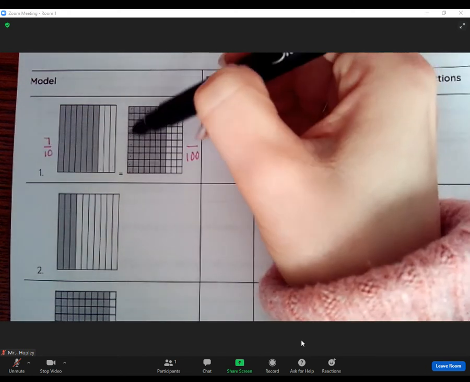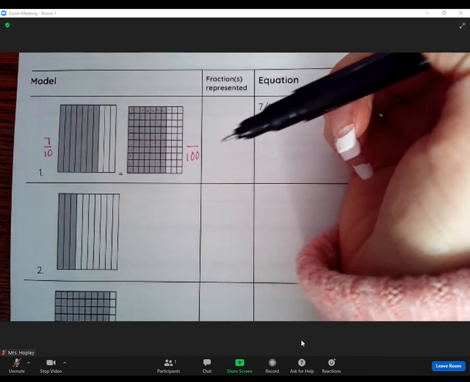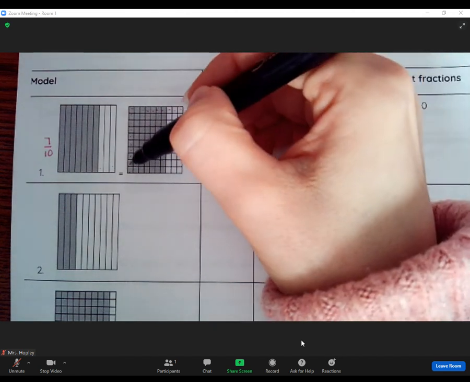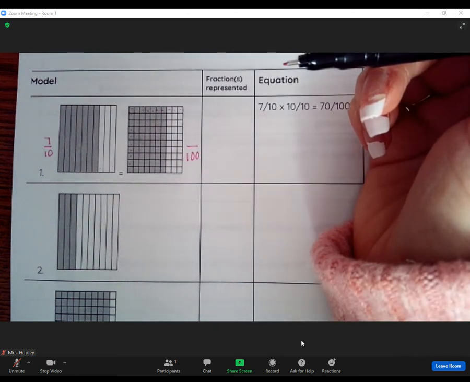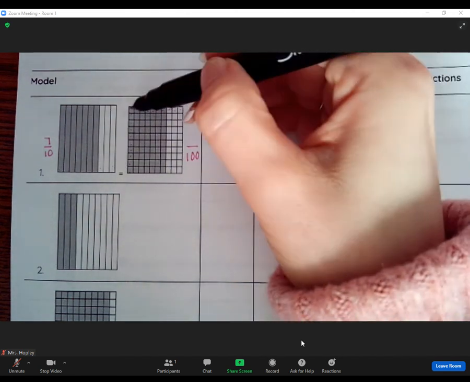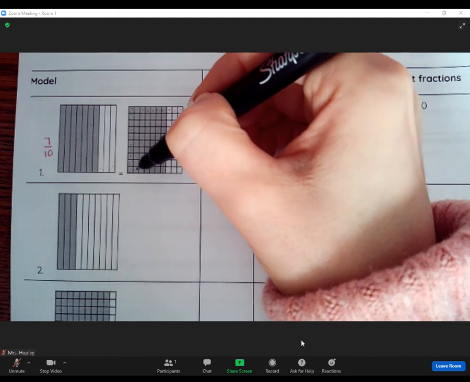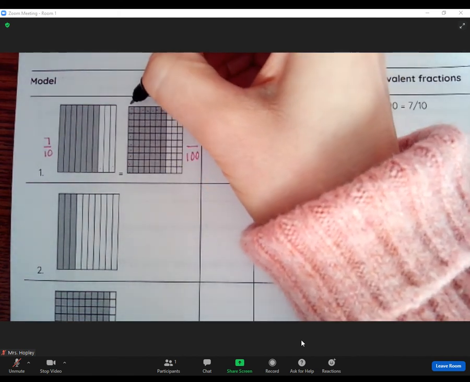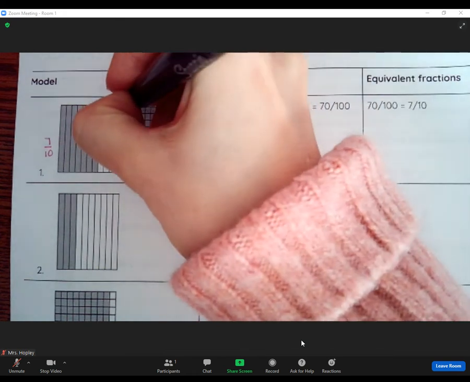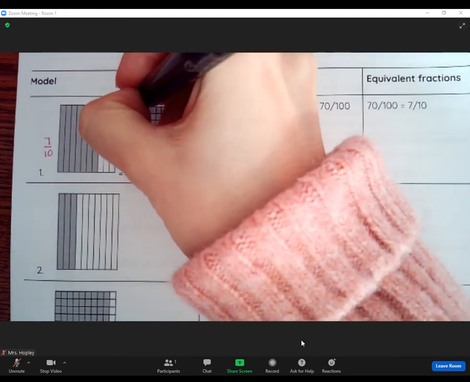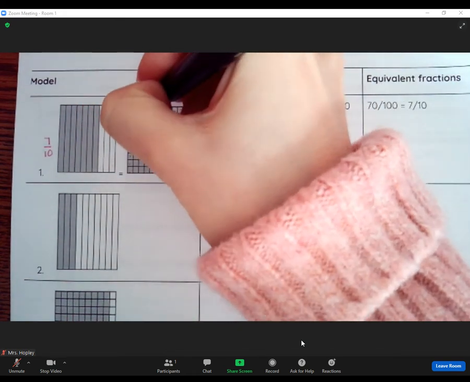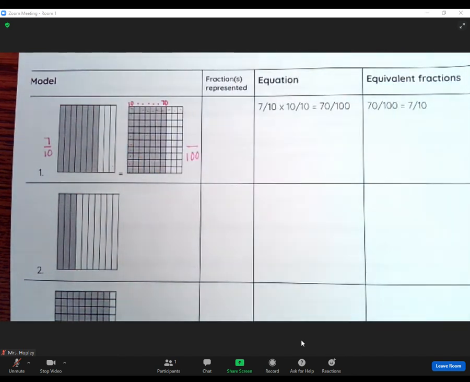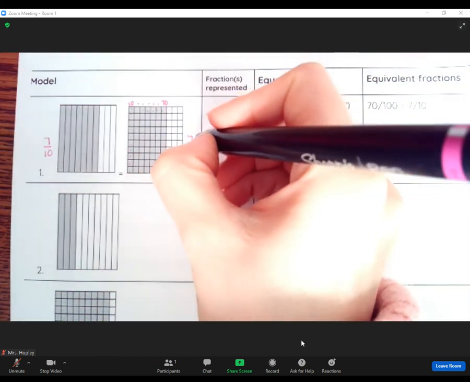Okay, so each column then is how many units? This column has how many units? 10, good. This column is also going to have 10. So let's skip count by 10 and see how many units are shaded in all. This is 10, 20, 30, 40, 50, 60, 70 units are shaded in all.